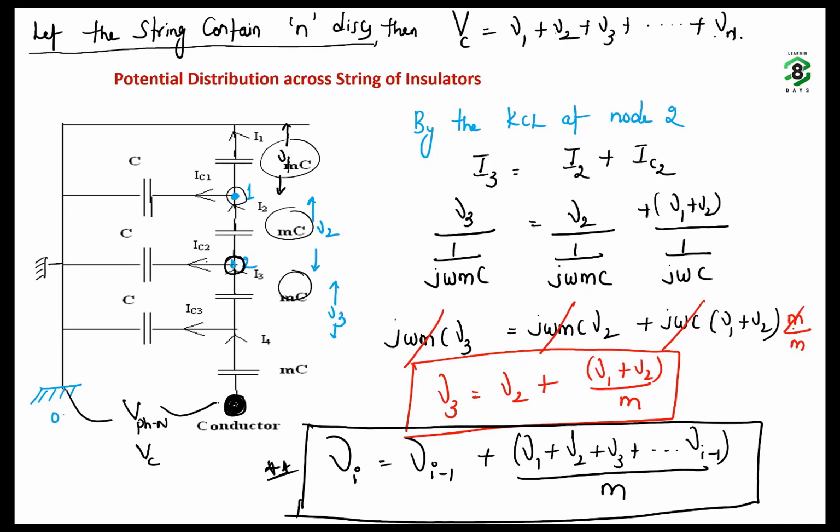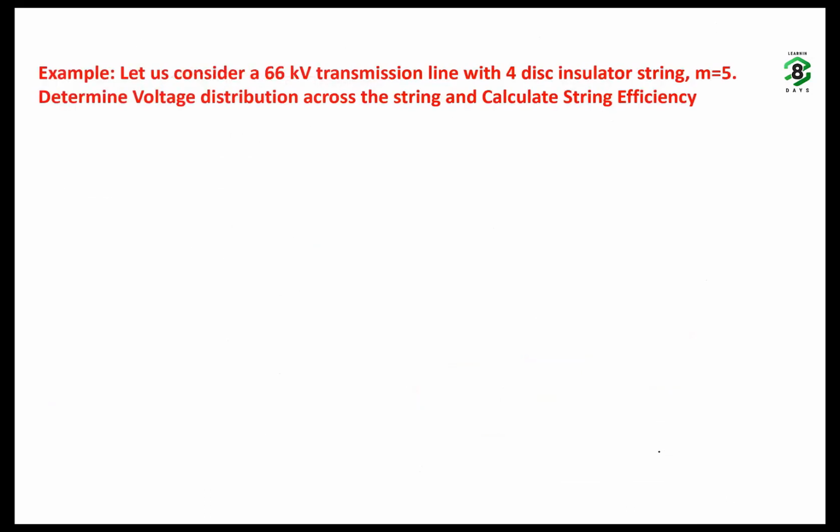Next, let us take this simple example and try to solve the voltage distribution across the string of insulators. Here, what is the transmission line voltage? 66 kV. Now, what is the voltage of each conductor?